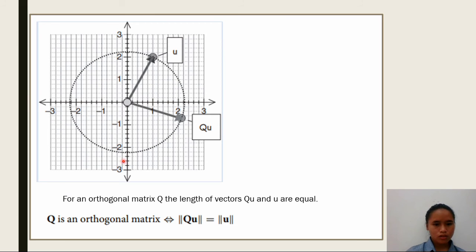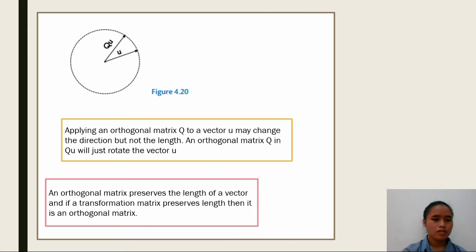So this is an application. For an orthogonal matrix Q, the length of the vector QU and U are equal. Applying an orthogonal matrix Q to a vector U may change the direction but not the length.